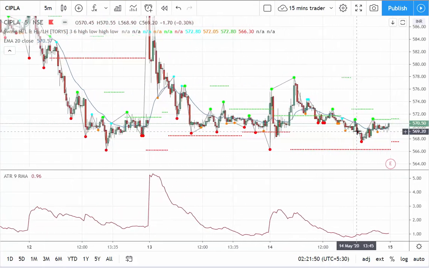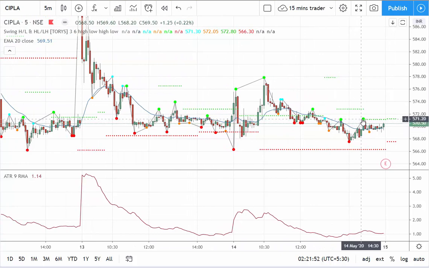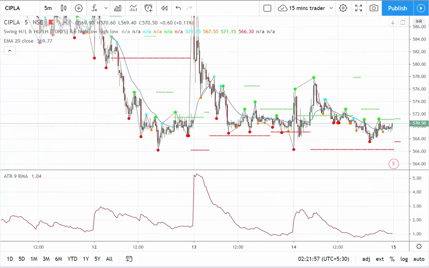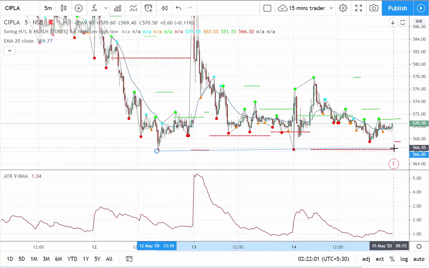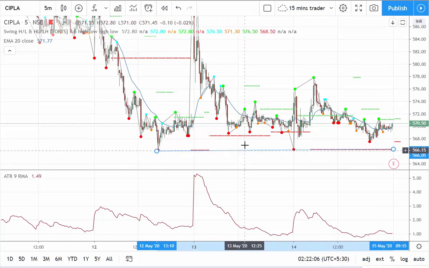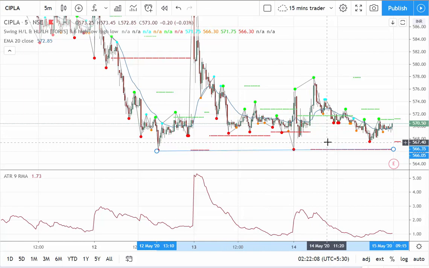One thing: I booked out at this place instead of waiting because you can just connect these dots. You can see there's this strong support at 566, a double bottom.